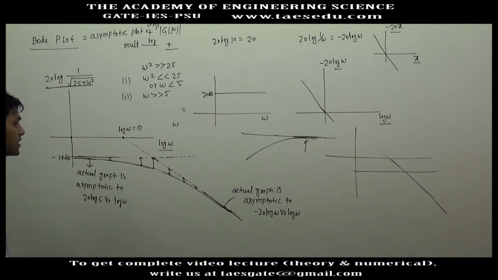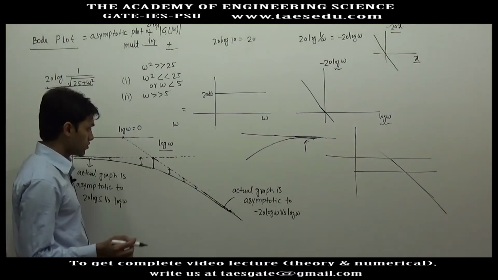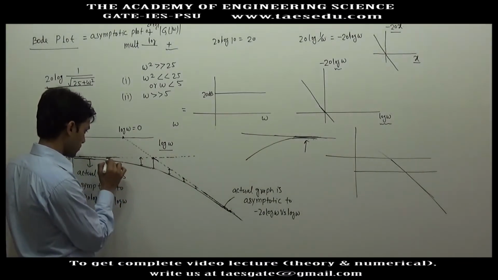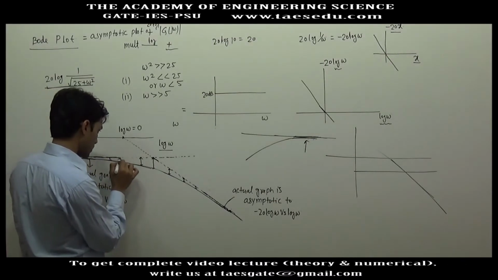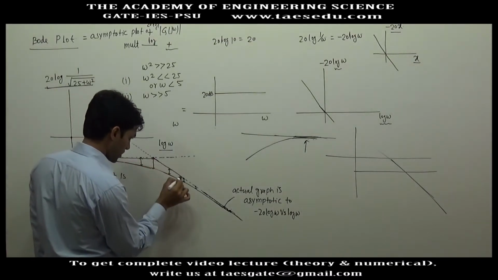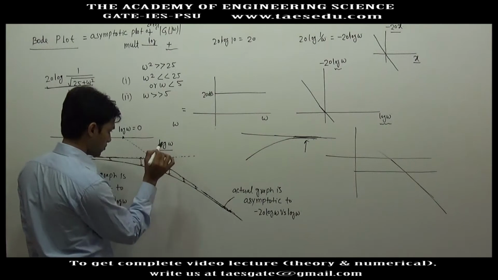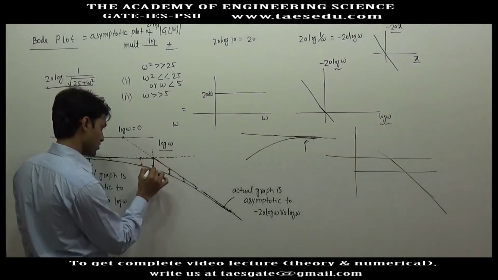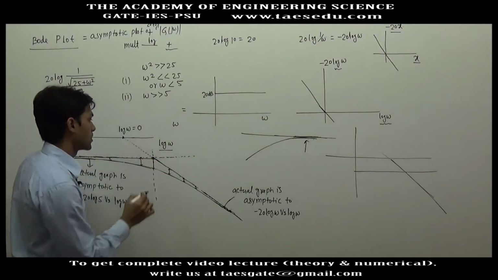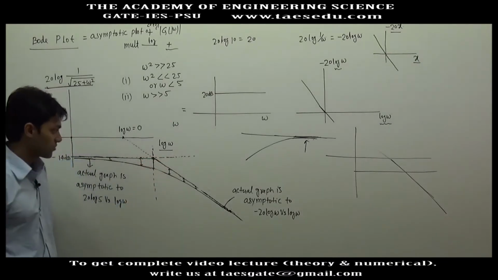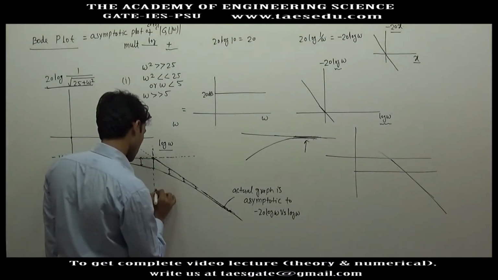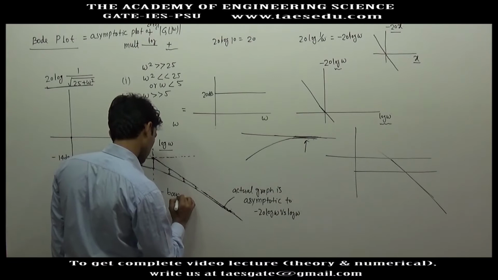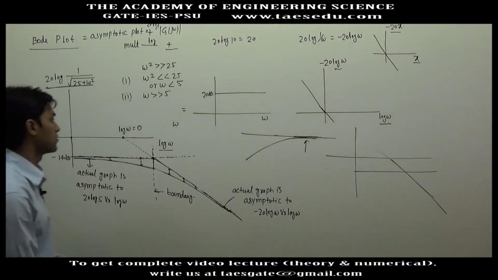So to decide which asymptote to choose, we will plot the two asymptotes, and the point at which the two asymptotes meet will become the boundary for choosing between the asymptotes. This will become the boundary. And how do we get the boundary?